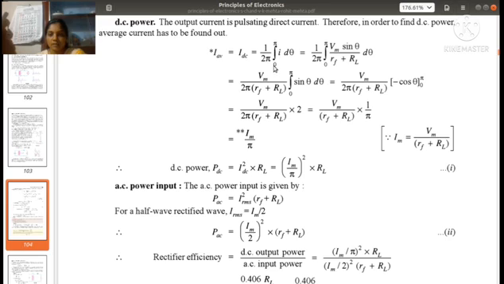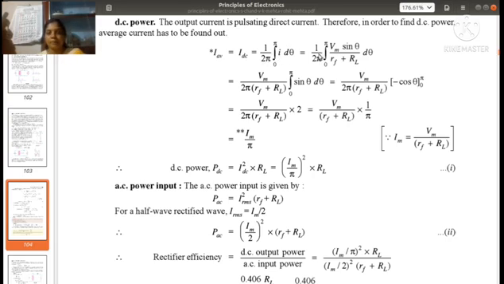Here we are getting output for only half cycle, so we take the integral from 0 to pi. Over a complete cycle, only half of the input current is converted into DC.